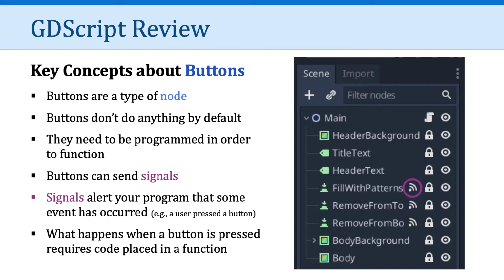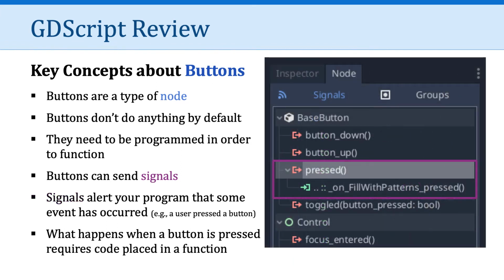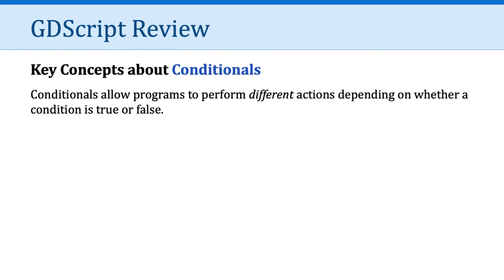Now, if we were to click that little signal icon, the node panel would open up, and we can see that yes, the signal that is attached to the button is actually a pressed signal. In other words, when the user presses a button, a signal is dispersed to the program. And if we right click on that, we could edit this, or we could actually disconnect that signal from that particular button.